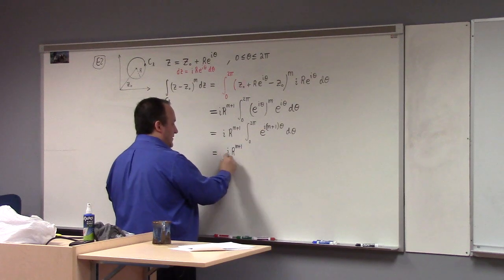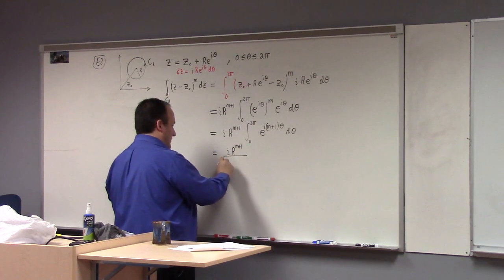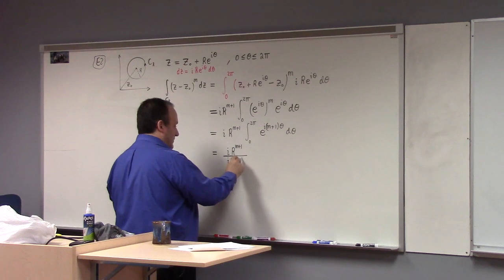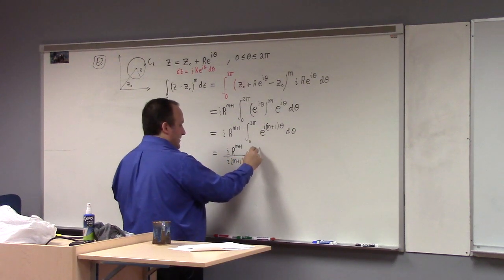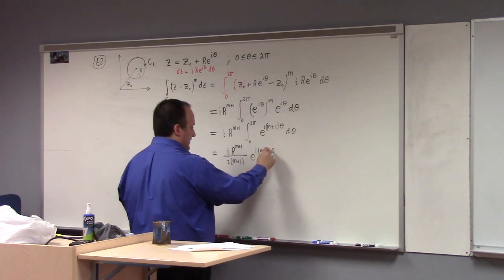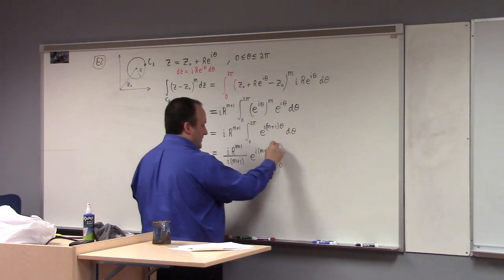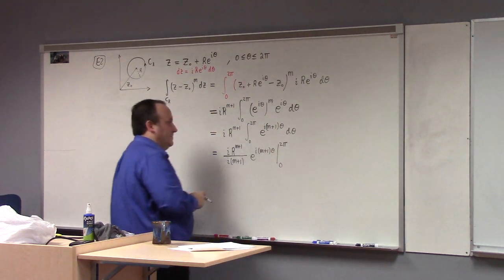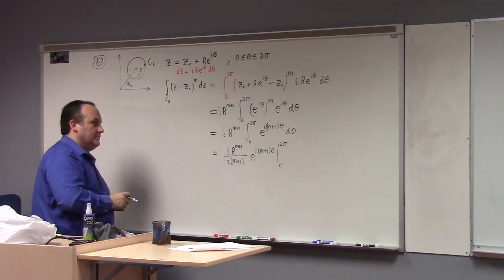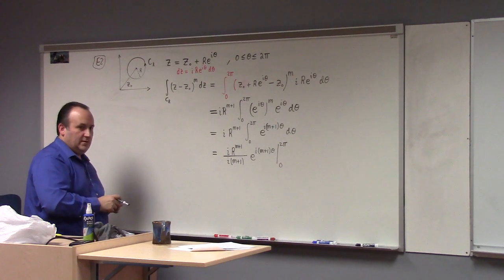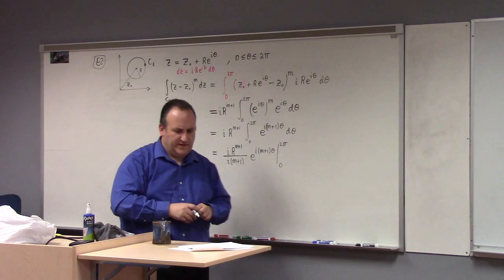So I just get i r to the m plus 1 divided by i times (m plus 1), e to the i(m plus 1) theta, evaluated from 0 to 2 pi.